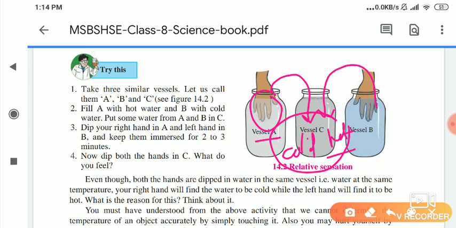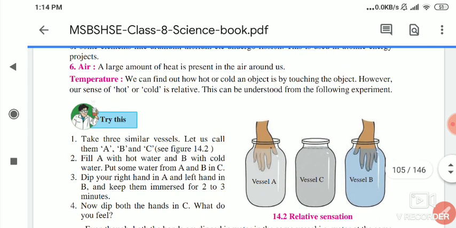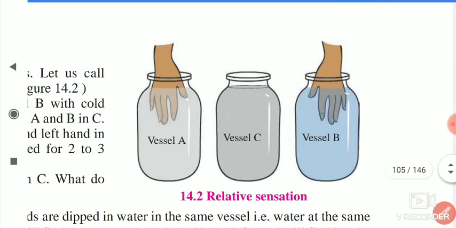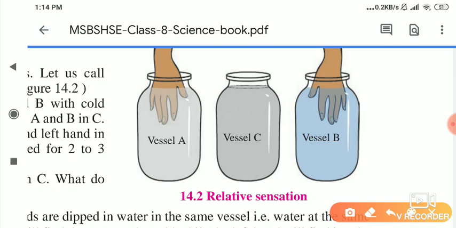And the reason behind it is that these are relative concepts. The temperature of vessel C is less than vessel A's water temperature, and compared to B, its temperature is more.